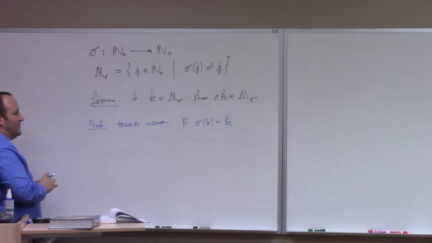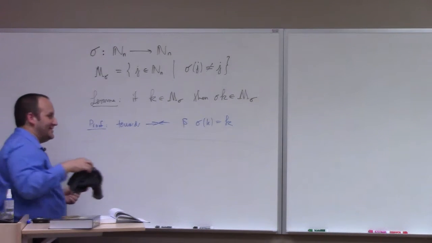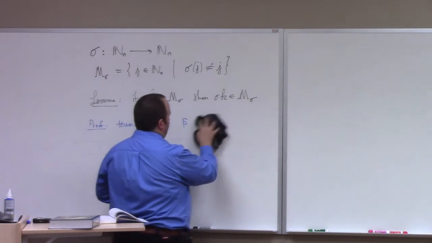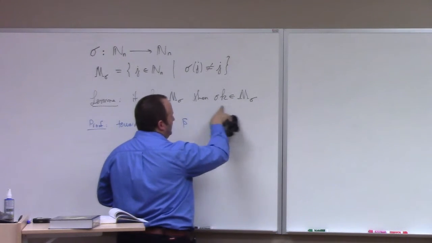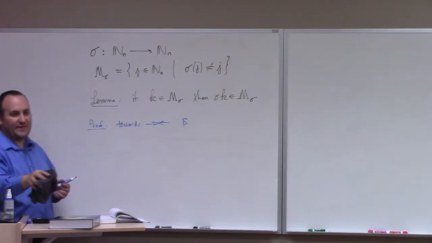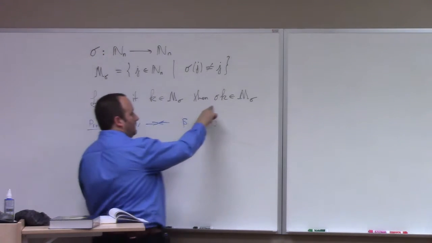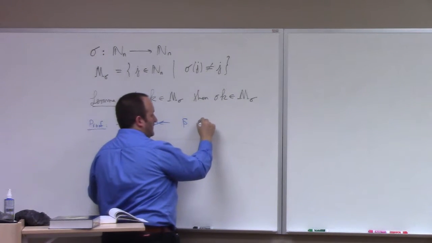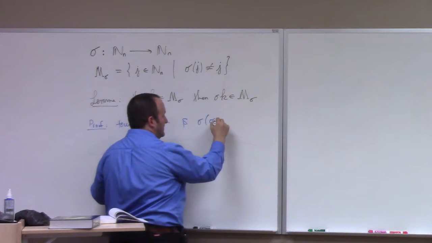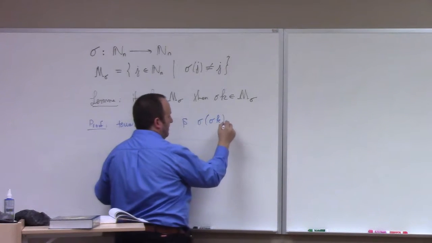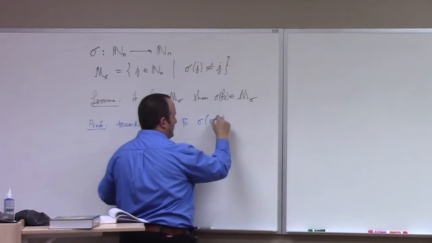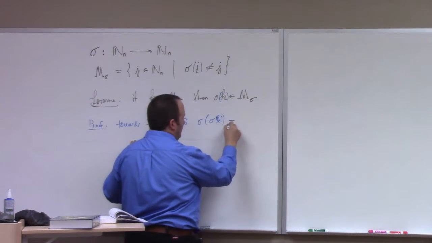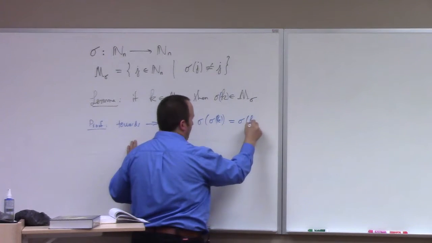I'm sorry, that's not what I'm supposed to suppose. What am I supposed to suppose? Long day. What if sigma of k is in this set moved by sigma, what would that say? It would say sigma of sigma of k, let me put some parentheses in here, it's driving me nuts, is equal to sigma of k, right?